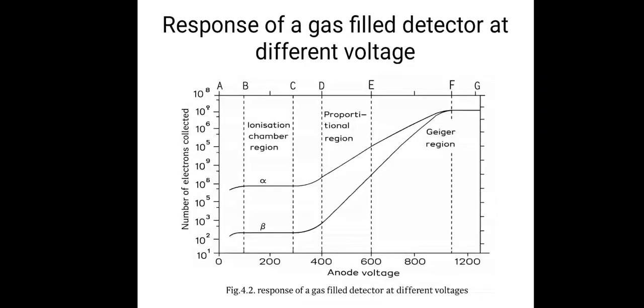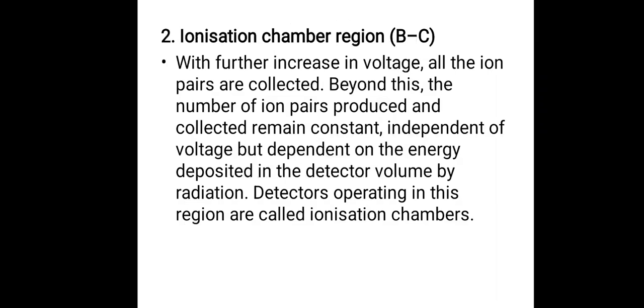This diagram shows the A, B, C, D, E, F, G regions. The ionization chamber region is B to C. With a further increase in voltage, all ion pairs are collected, and the number of ion pairs produced and collected remains constant, independent of voltage but dependent on the energy deposited in the detector volume by radiation.